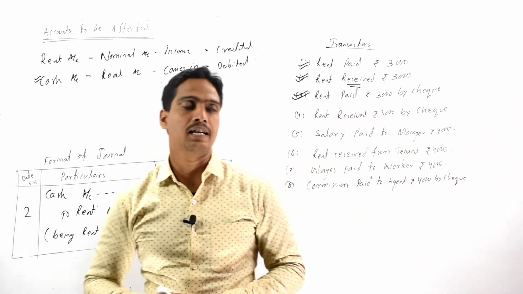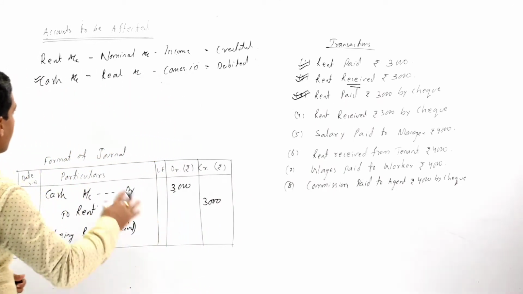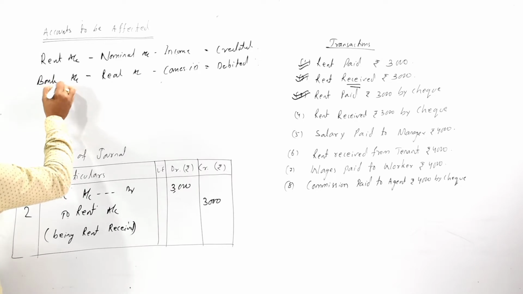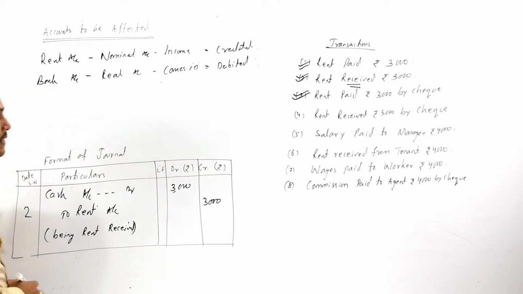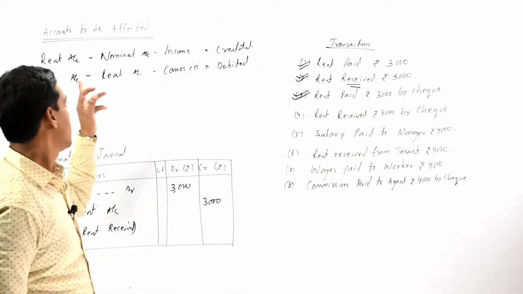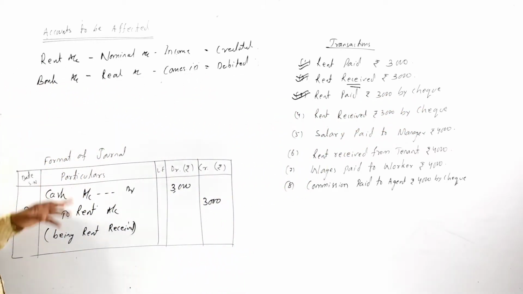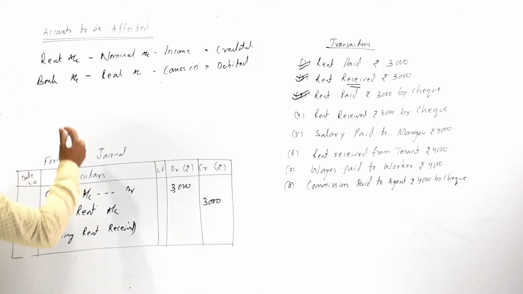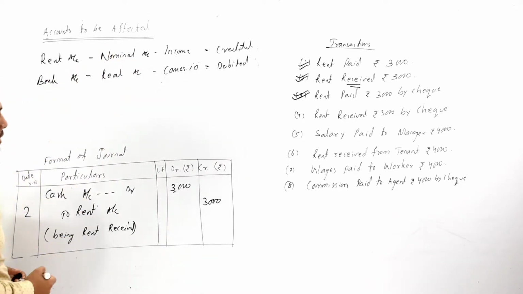So in this transaction, our rent account and bank account should be affected. As we are using the cheque, our bank account should be affected in the given transaction. Your rent account belongs to our nominal account category.